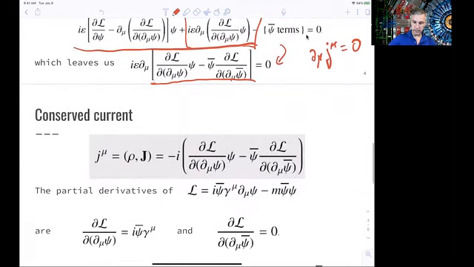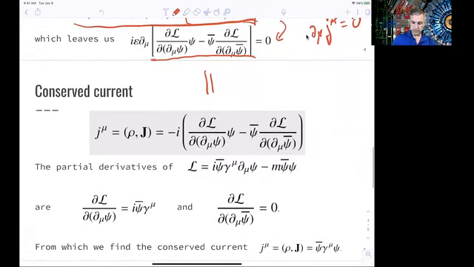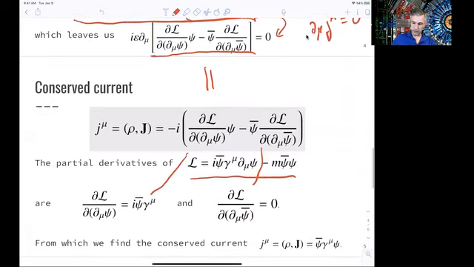If we now identify this part as our current, we can then use the partial derivatives of our initial Lagrangian. We're just calculating those terms here, and we find that our conserved current is given by the adjoint spinor gamma mu spinor. And this is conserved, so the derivative is 0.